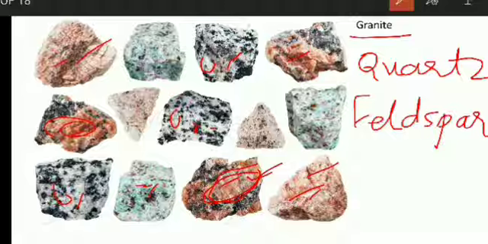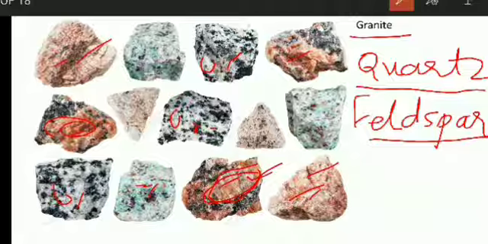Here quartz and feldspar are the essential minerals. Accessory minerals are the minerals present in small quantity, and essential minerals are those present in large amount, in abundance in the rock. For granite, quartz and feldspar are the essential minerals.